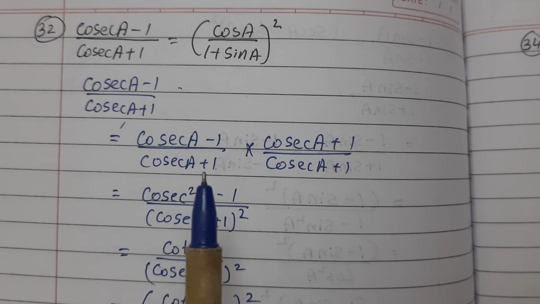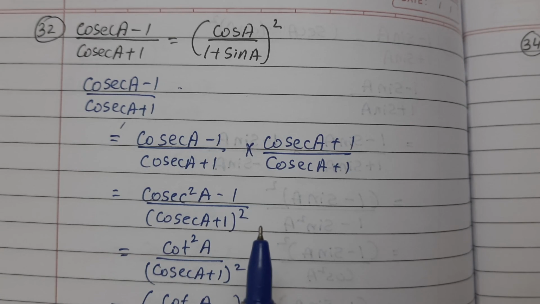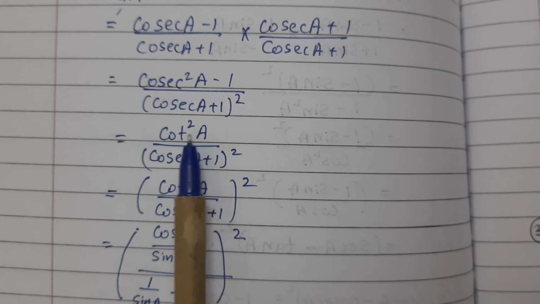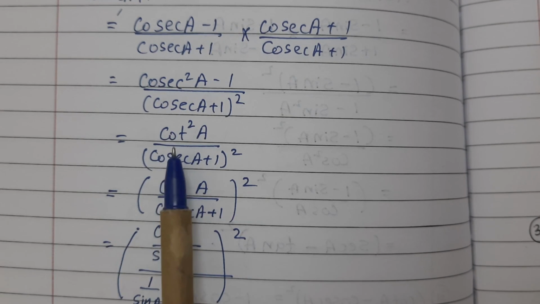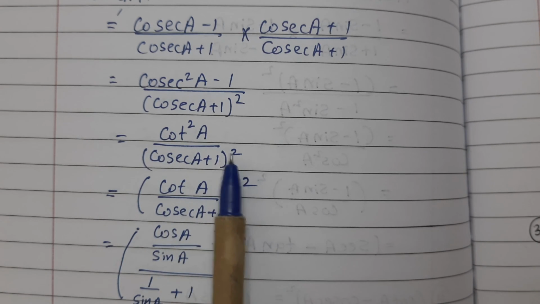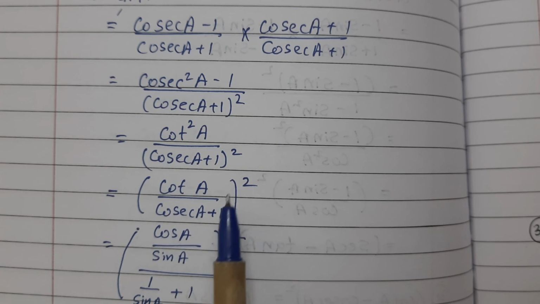Denominator is cosec A plus 1 into cosec A plus 1, which is cosec A plus 1 the whole square. Cosec square A minus 1 is cot square A. We get cot square A upon cosec A plus 1 the whole square, which is equal to cot A upon cosec A plus 1 the whole square.